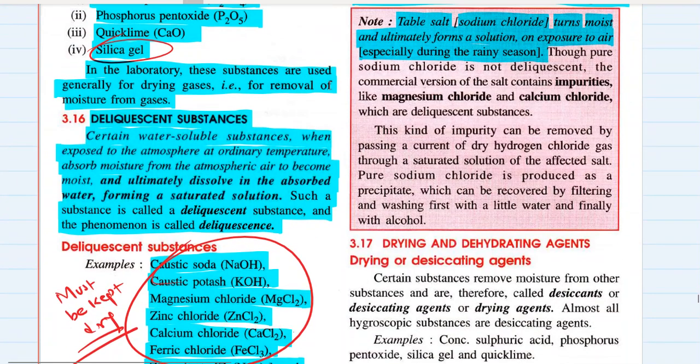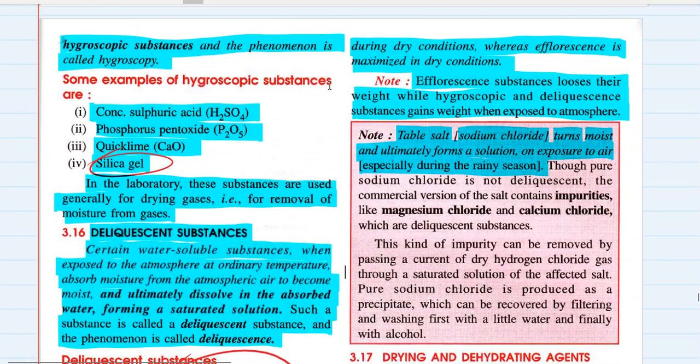Then why does sodium chloride become moist or behave like a deliquescent substance? Because it contains some impurities like magnesium chloride. These are not harmful impurities, but naturally occurring impurities in sodium chloride, your common salt found in the market. So it has impurities like magnesium chloride and calcium chloride, which are deliquescent substances. Okay, so what is the experiment?